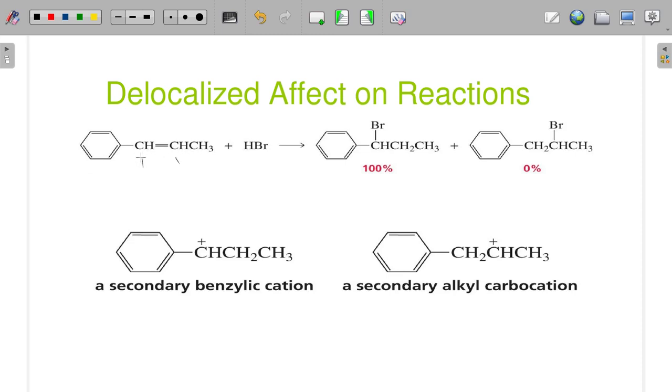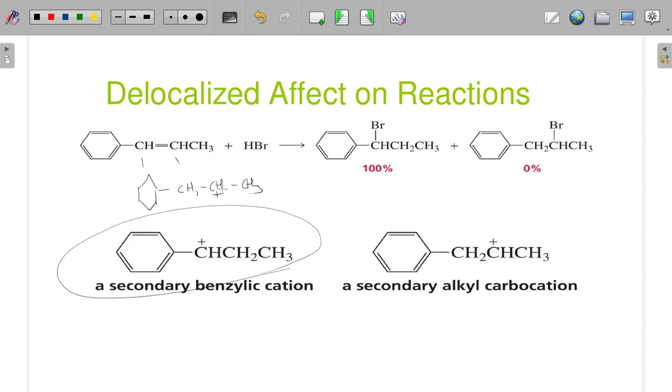We don't see that. And it's because, well, we summarize Markovnikov to say the H goes to the side with more H's. What he actually said is we form the most stable carbocation. And benzylic is a very stable carbocation, especially if I try to compare it to the non-benzylic version of this. Actually, I need to make that CH2 and leave this, the cation.